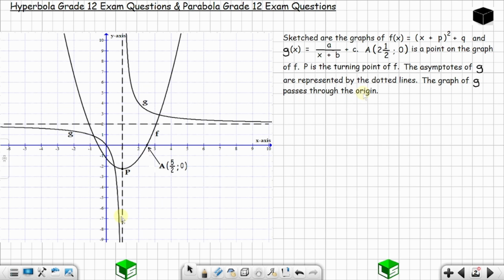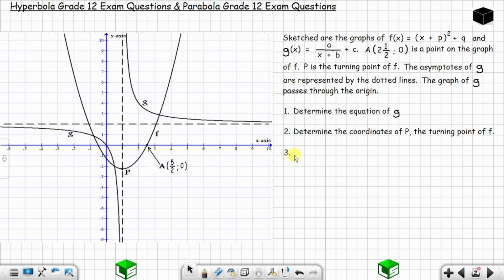Now question 1, determine the equation of g. You need to determine the equation of this graph, which is a hyperbola. Question 2, determine the coordinates of P, the turning point of f. This is the graph of f.